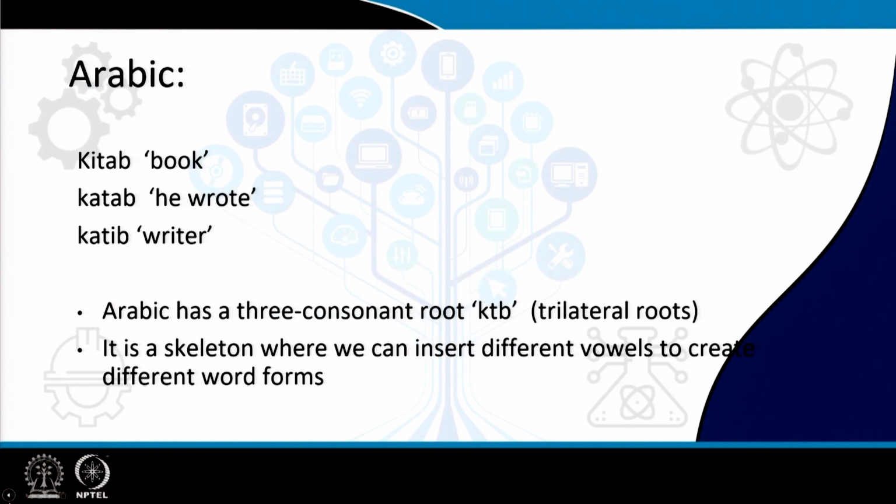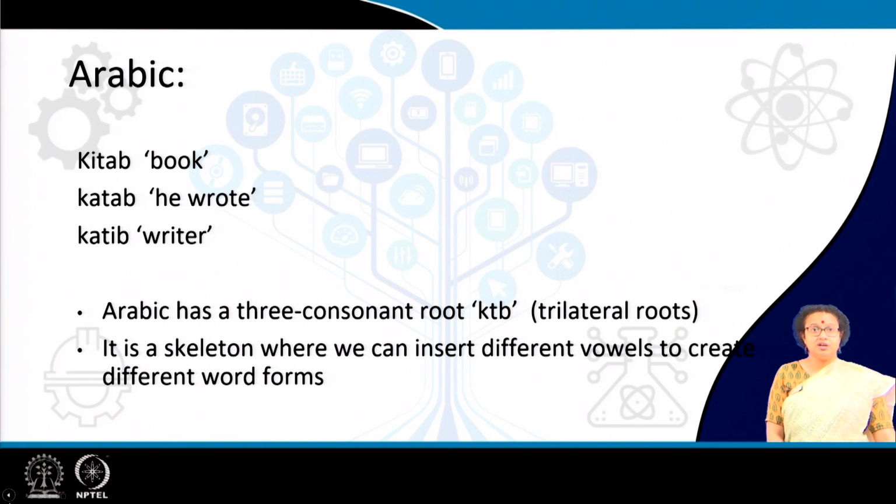And in Arabic, you have a root, something like three consonants K, T, B, which is also known as a trilateral root. The root provides a skeleton, and you can insert different vowels in the skeleton in order to create different word forms. The structure is very different.